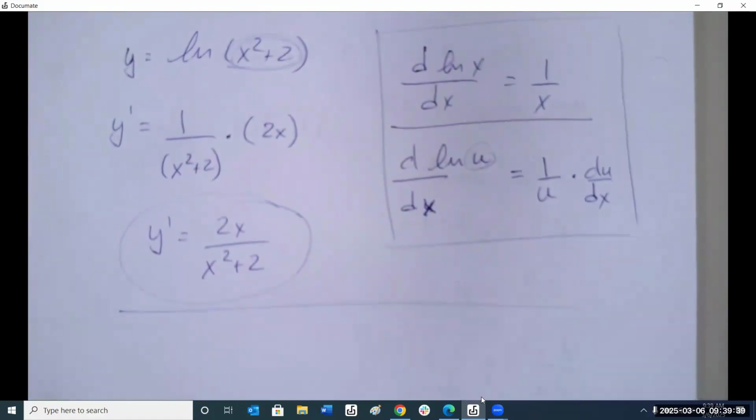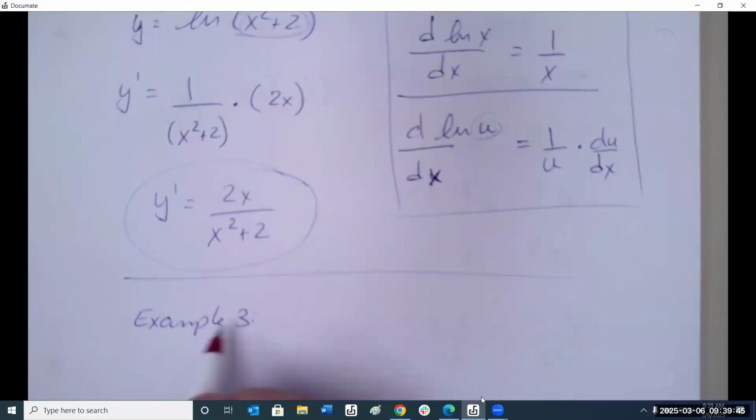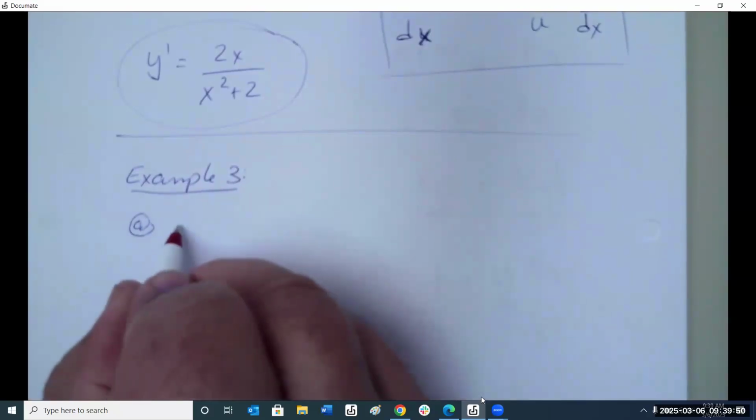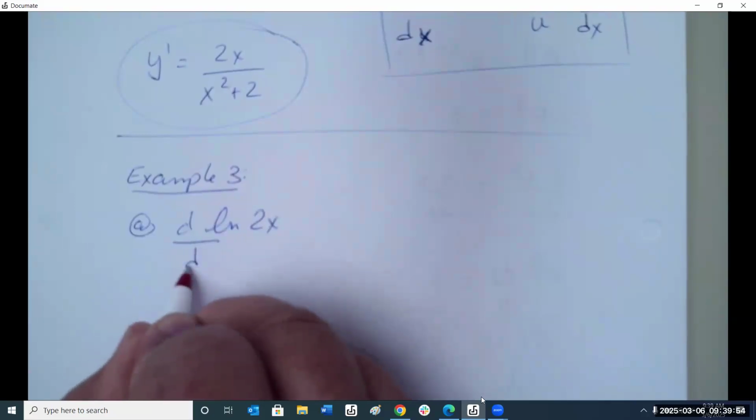Here are some examples. Find the derivative of ln 2x.